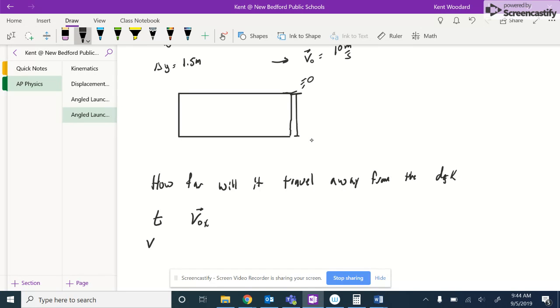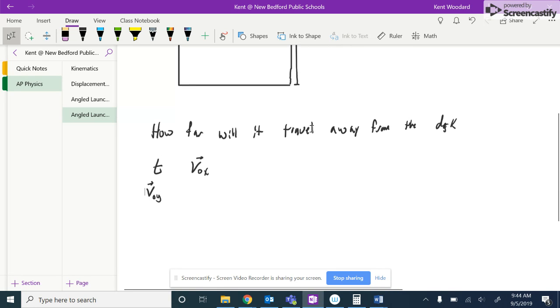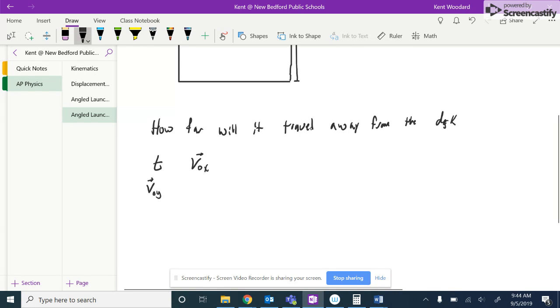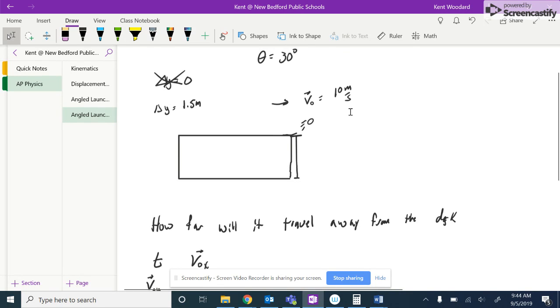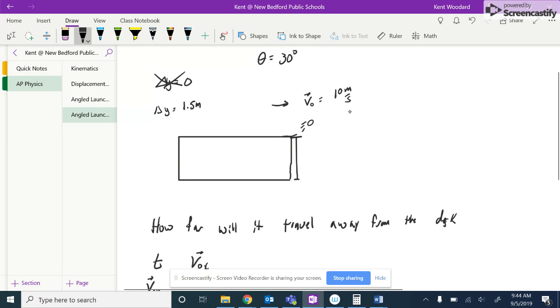And to do that, we need v in the y direction. And then we're going to apply that time to v in the x direction to figure out how far it will go. Now, this situation is going to be trickier because you're going to have to solve a quadratic later, and you'll see that. But the first thing, we need to break this initial velocity of 10 meters per second into its components.